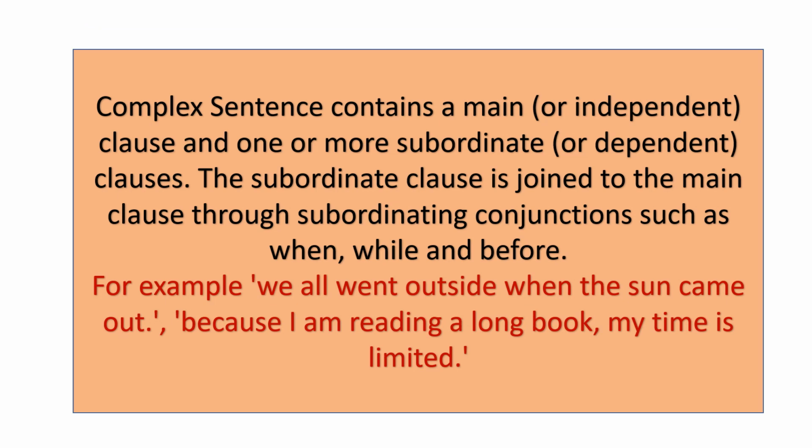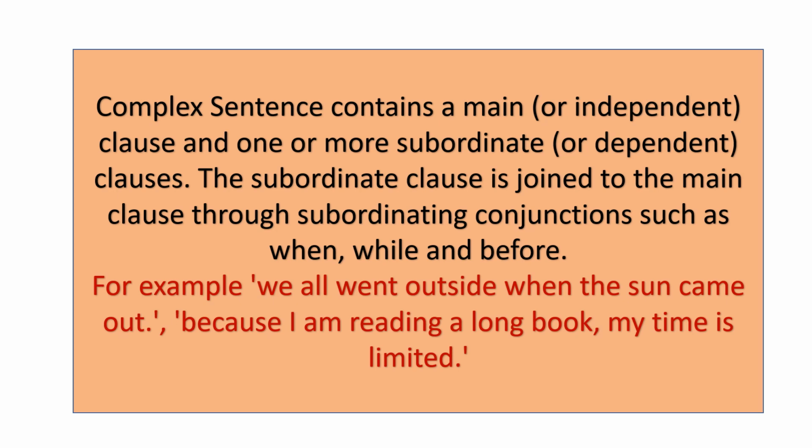Okay, then we have the complex sentence, and it actually contains a main or independent clause and one or more subordinate or dependent clauses. The subordinate clause is joined to the main clause through subordinating conjunctions such as when, while, and before.